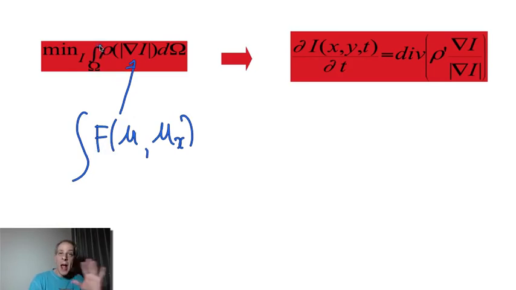So we take any function of the magnitude of the gradient. If we compute the Euler-Lagrange, this is what we get. That's the Euler-Lagrange of that equation if we follow exactly the formula that we showed in the previous video.